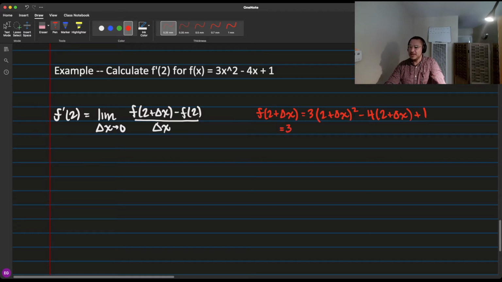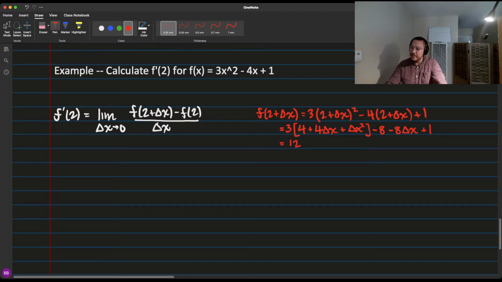That's going to be 3 times, okay, you have to multiply all that out. 2 squared is 4, so you're going to get 2 times 2, which is 4 delta x, plus delta x quantity squared. Then you could distribute that for minus 8 delta x plus 1. We can distribute this 3.